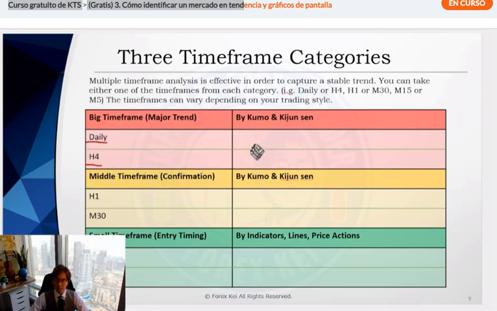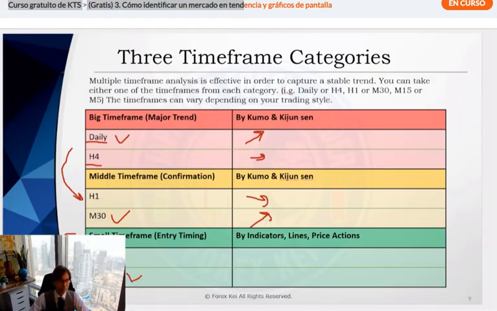And let's say if daily is up and 4-hour is flat, then I take the daily and go down to 1 hour or 30. And let's say if I found the 30 is up and 1 hour is flat, then I take the 30 and look for the entry confirmation based on M5 or M15. Basically, I use the M5.